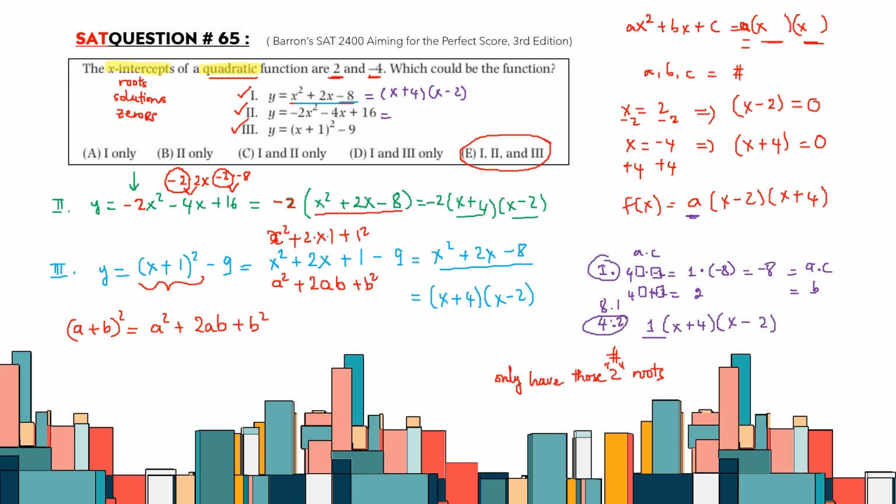So that is 2 roots in total. A quadratic only has those 2 roots, and in this question we already saw that it has a form that looks like that.